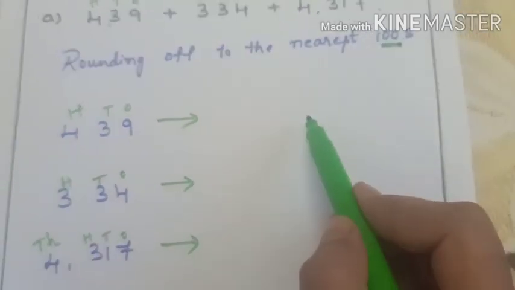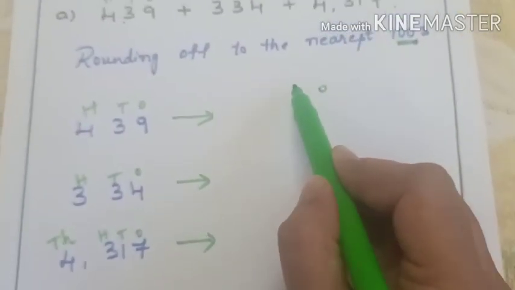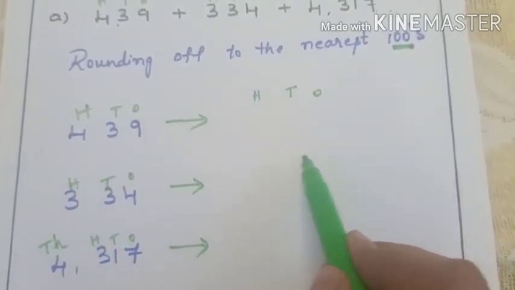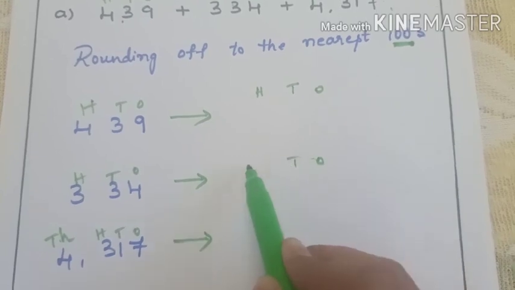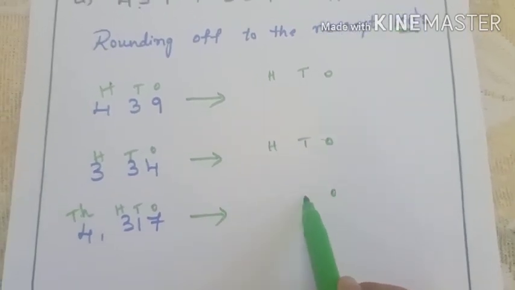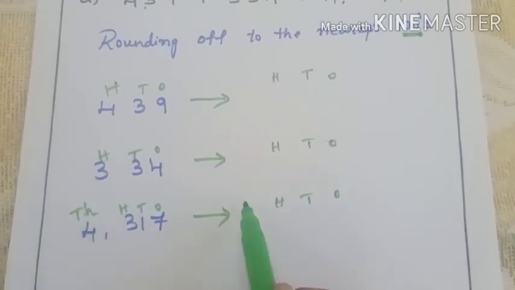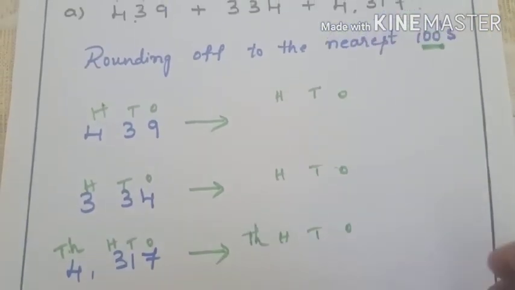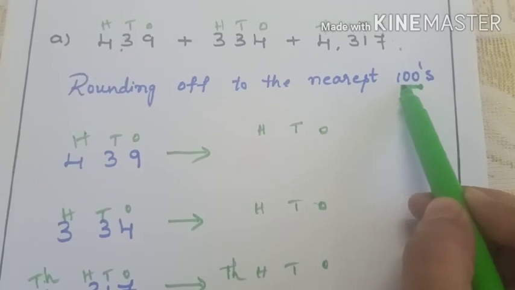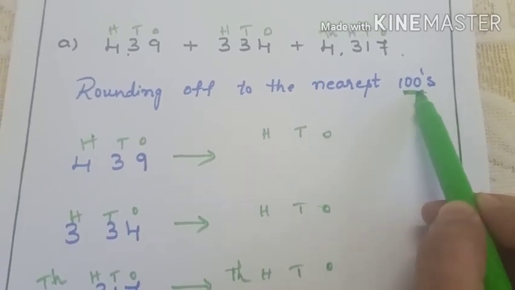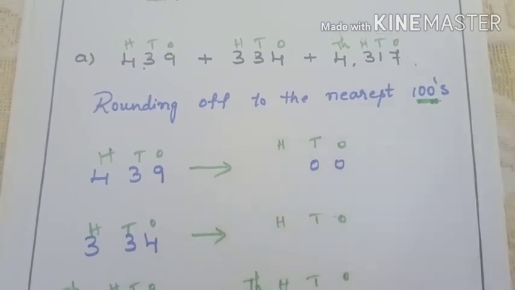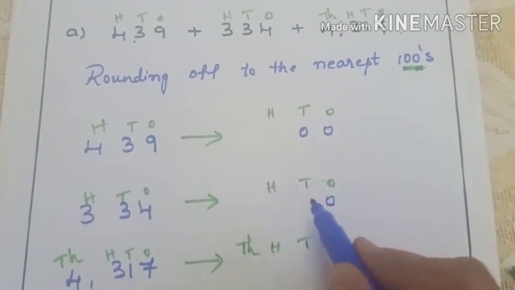So in the answer also, ones, tens, hundreds. Here it is a 3-digit number. Since it is a 4-digit number, take up to the thousands place. Since it is the nearest hundreds, there are 2 zeros. So fill the ones place and tens place with 0. Here also 0 and 0.